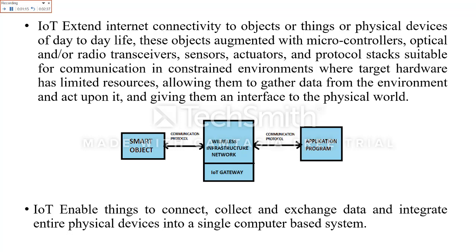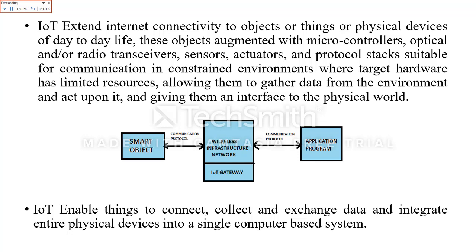The sensors sense temperature, pressure, or magnitude, or change in color or photo effect, etc. Actuators are devices which convert electronic data into human readable form. The protocol stacks are the set of rules to communicate with different devices, and all these are the hardware components, right?